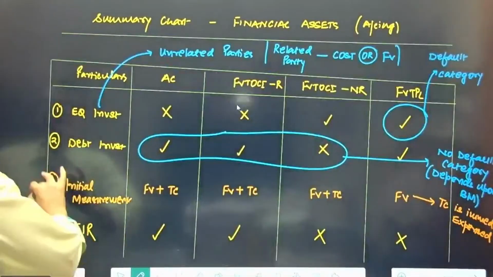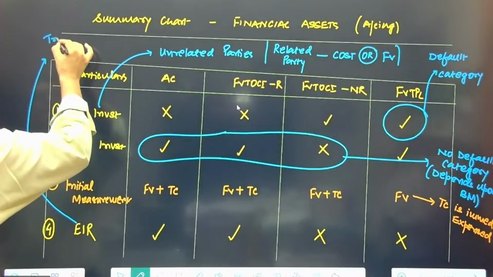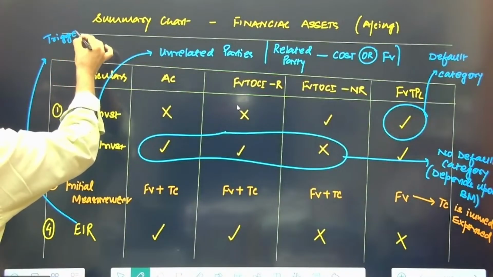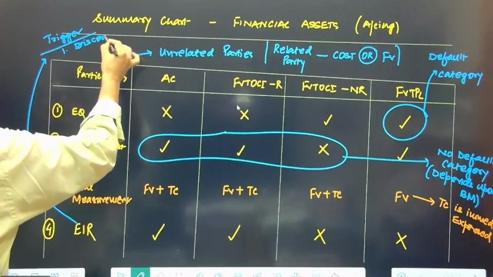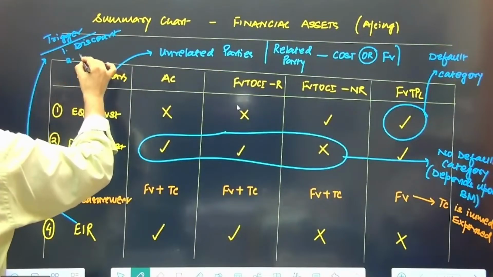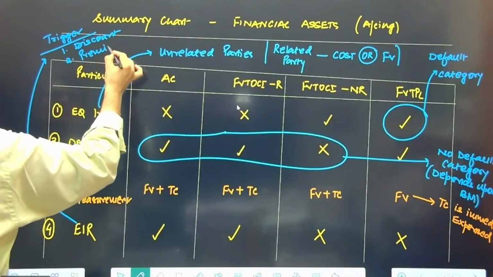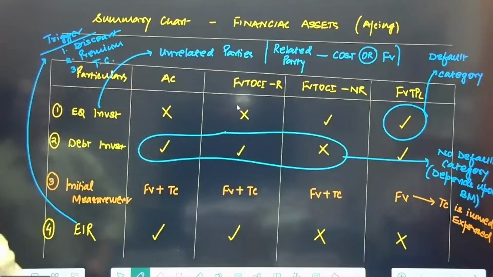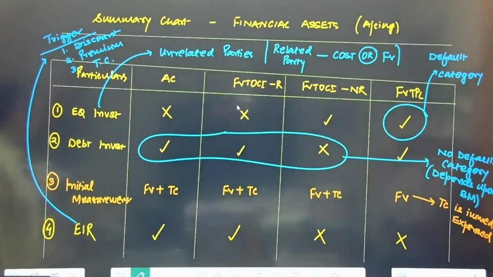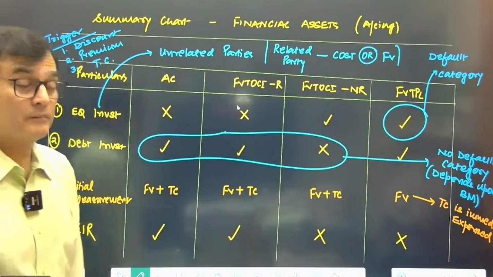So the concept of EIR is going to trigger in 3 circumstances. If there is a discount on issue or redemption, maybe there is a premium on issue or redemption, as the case may be, and if there is a transaction cost, this will immediately trigger the need to calculate the effective interest rate. Superb.